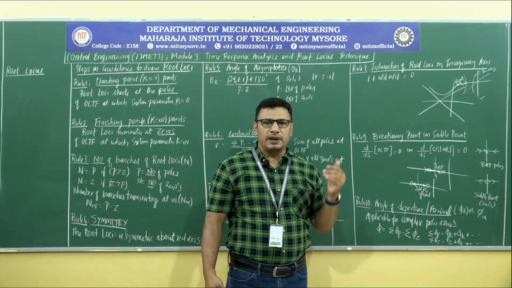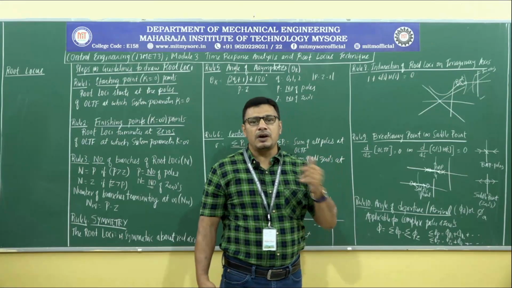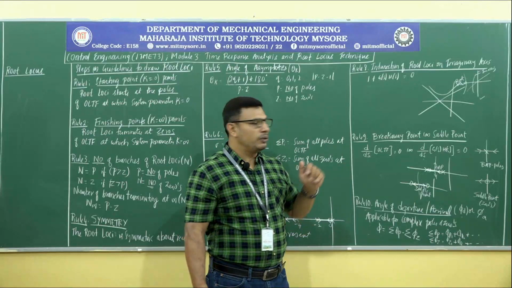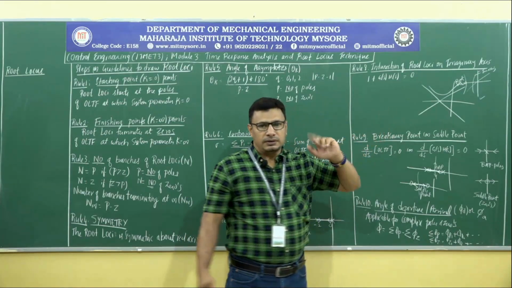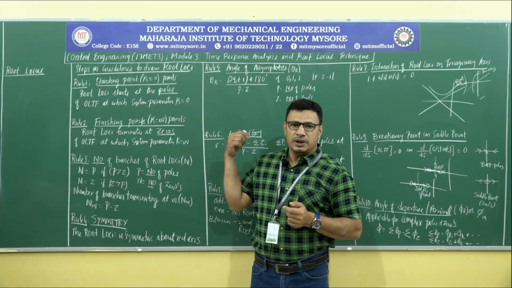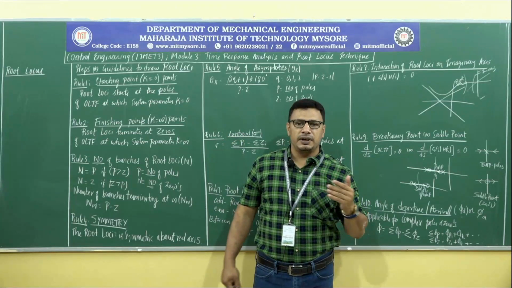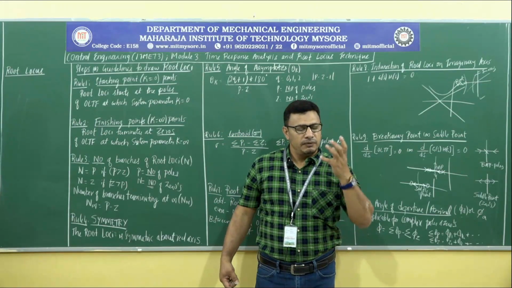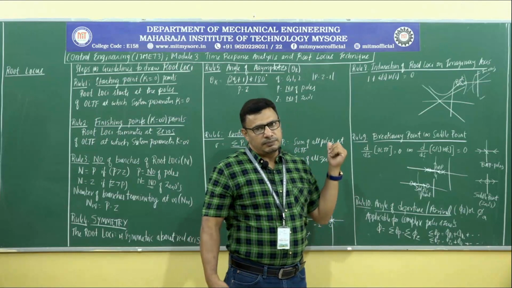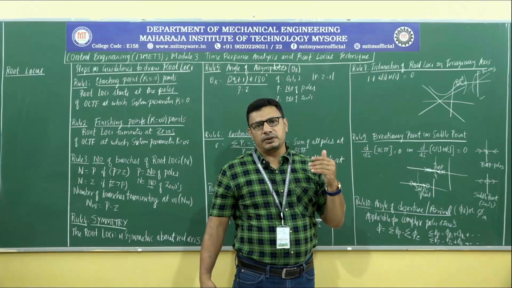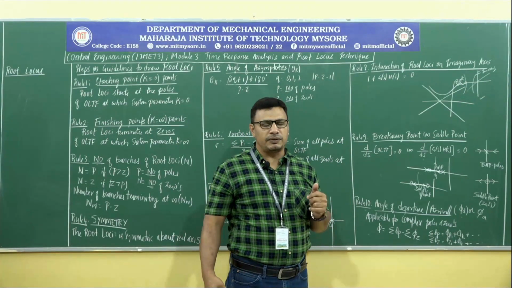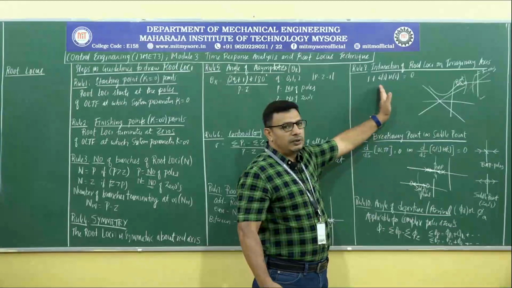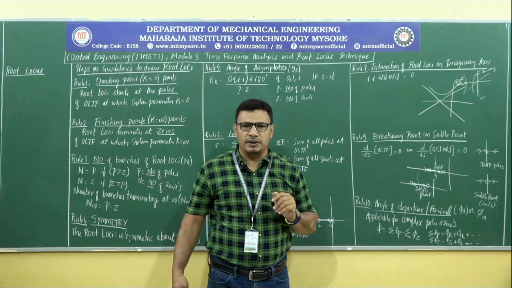Why? Because the branches of root loci will travel along asymptotic straight lines only. So only if from the angle of asymptotes we find that they are crossing the imaginary axis and moving to the right half of S plane, we can assume that the branches of root loci will also cross it. In such a case, we need to find the intersection of root loci with the imaginary axis.